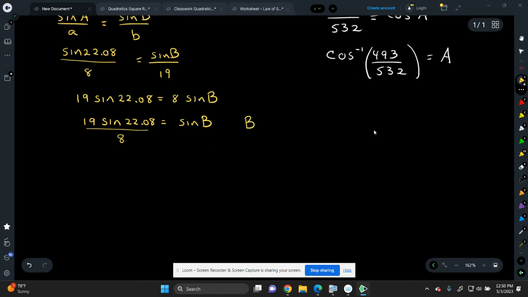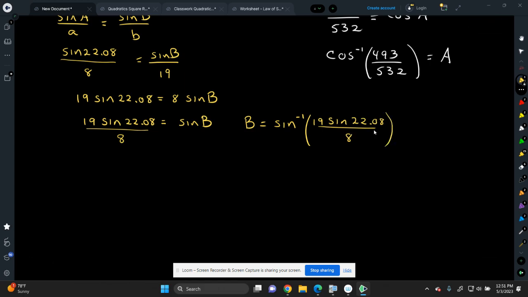So B is equal to the inverse sine of 19 sine 22.08 divided by 8. Okay, and we'll do that on our calculator.